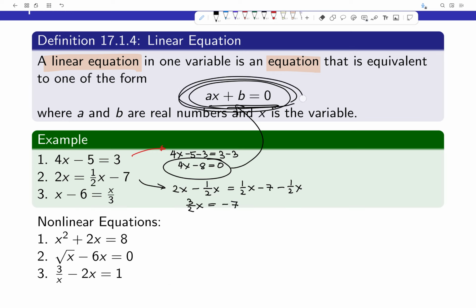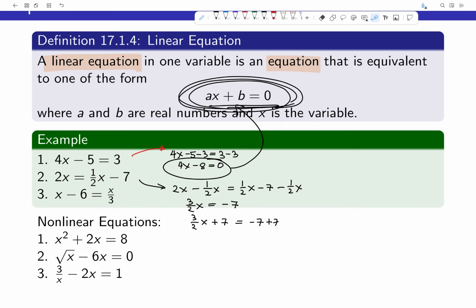To arrive at this form, of course, we are going to add. We apply the addition property: just add 7 to both sides of the equation. Why 7?